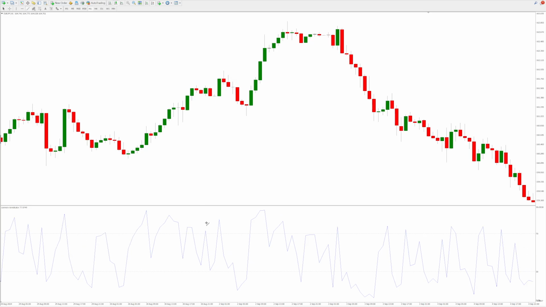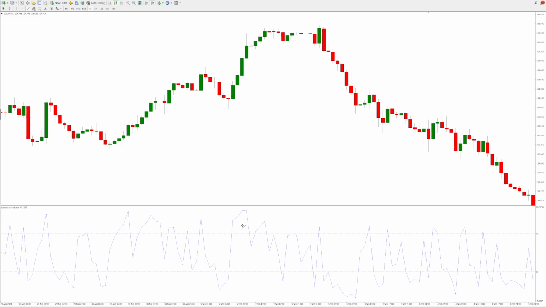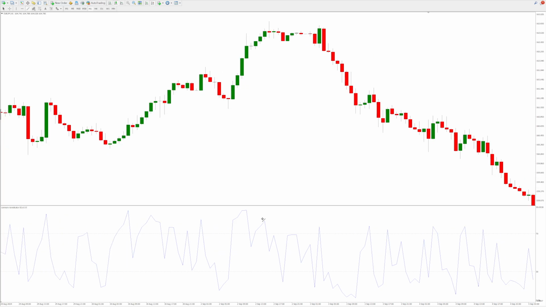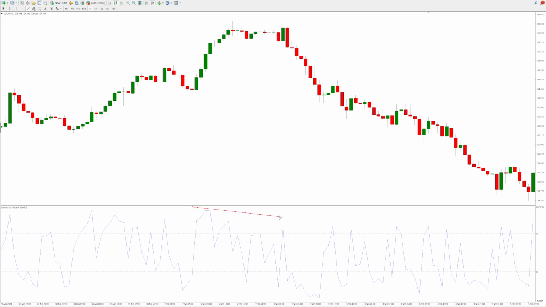Then the second thing to look for is divergence. Divergence basically means when it's making higher lows, the market is trending upwards, and when it's making lower highs, the market might be trending downwards. So for example, you can see the lower highs here and the market starts to fall.